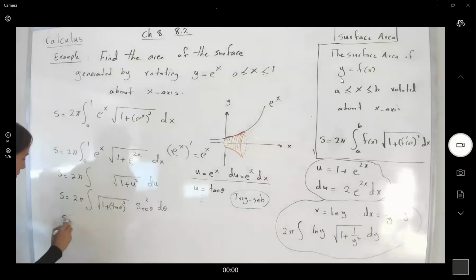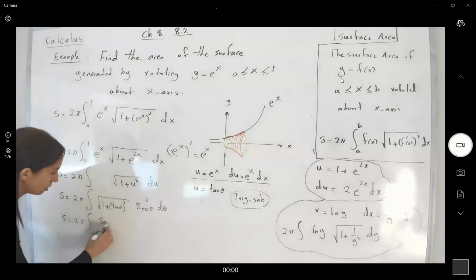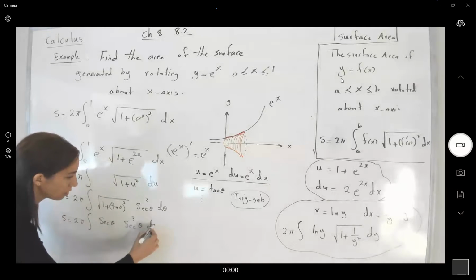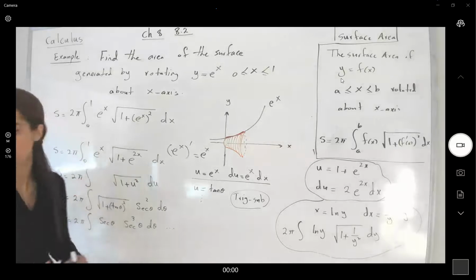Then S becomes 2 pi, the integral of 1 over secant squared, 1 over cosine squared, which is just secant squared. So you get secant theta times secant to the third theta d theta, and we can continue this.